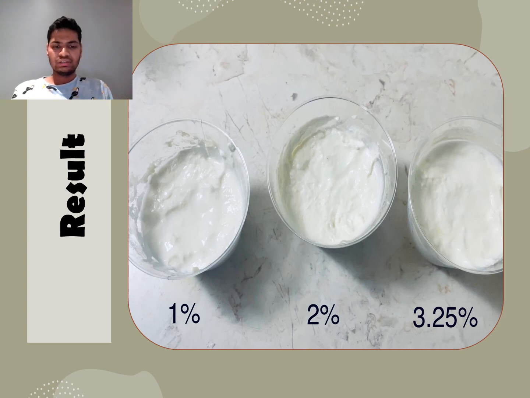Apart from this, there is a very common factor among all these three samples, that is pH and texture, which remain the same for all the three samples, as the pH is around 4 and the texture is smooth for all the samples.